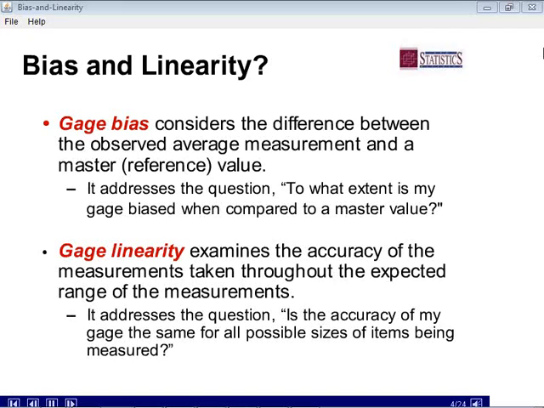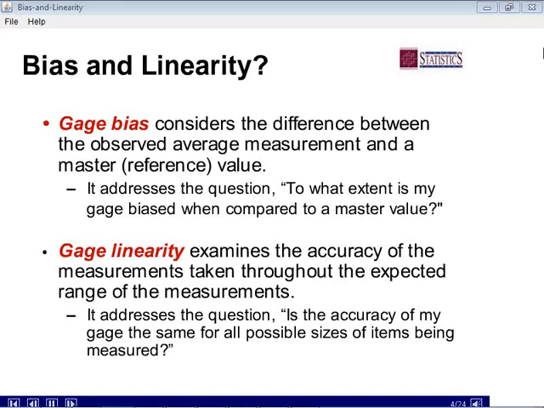It addresses the question: to what extent is my gauge biased when it's compared to some master value for that particular part? What's the golden standard measurement for this part that I'm taking the measurements on, and how do my measurements compare to that? How well is my measurement system able to accurately assess that value and compare it to the standard?